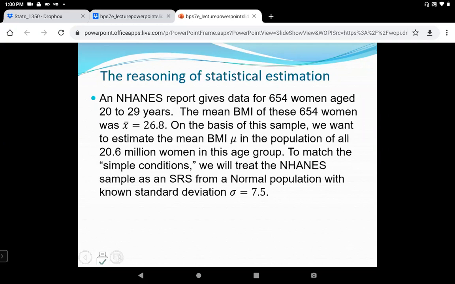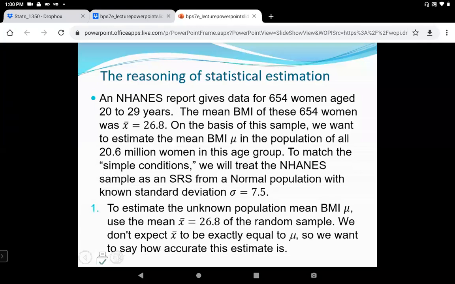To match the simple conditions, we treat the NHANES sample as an SRS, a simple random sample, from a normal population with known standard deviation, sigma equals 7.5. To estimate the unknown population mean BMI, mu, use the mean x bar equals 26.8 of the random sample. We don't expect x bar to be exactly equal to mu, so we want to say how accurate the estimate is.